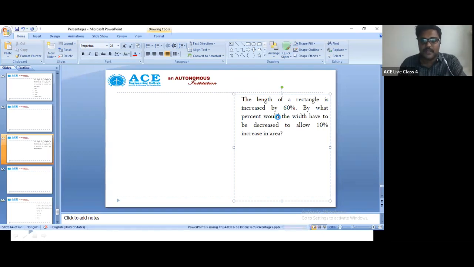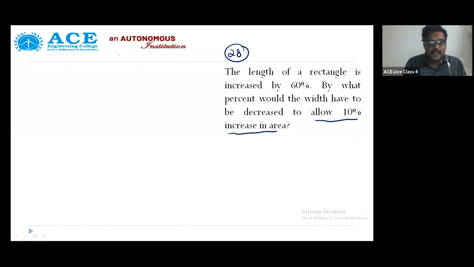Now, if you just focus here, you can do that. And with certainty, you can use that formula. But listen, this concept is initially 100 area. Now we go to 160 because length increased, area becomes 160.